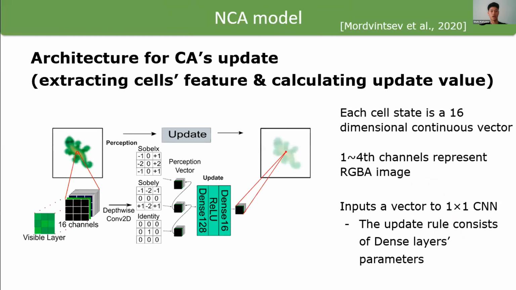Before explaining our model, I'm going to first explain the neural cellular automata model. The model has a 2D cellular automaton, and each cell state is a 16-dimensional continuous vector. There are 16 channels for cell states, and the first 4 channels represent an RGB image. The model runs depthwise 2D convolution and inputs the result to a 1-by-1 convolutional neural network, which outputs an incremental update rule.